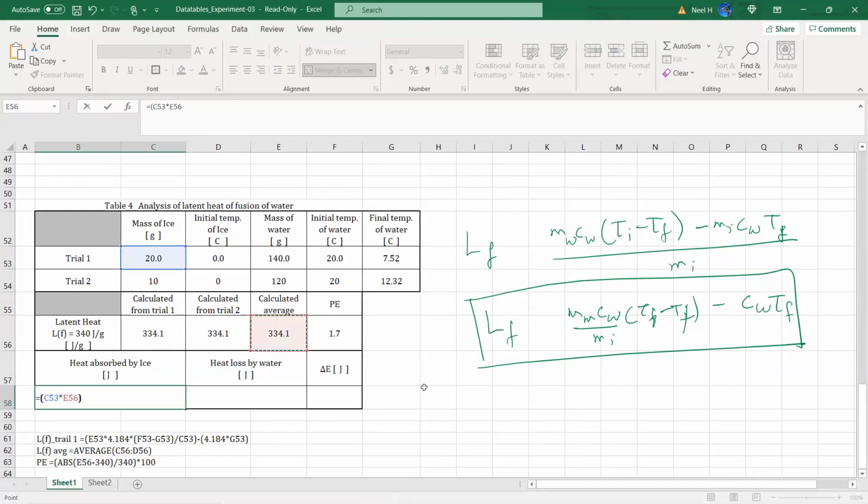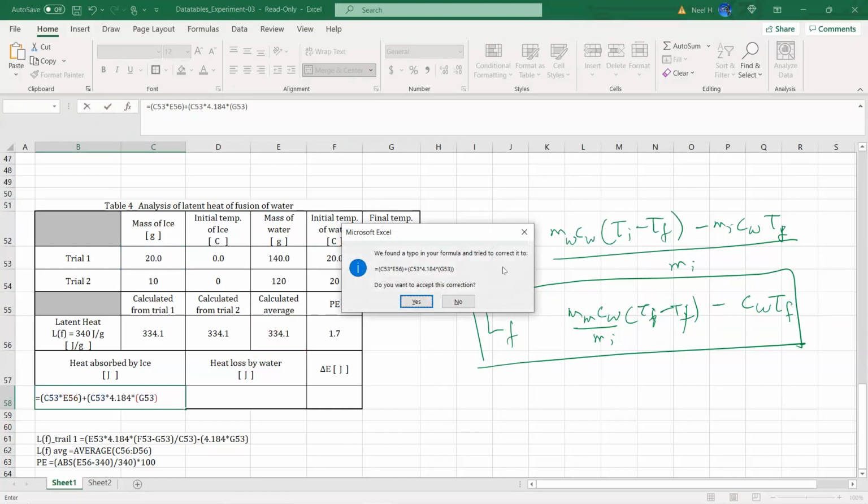And then parentheses close plus open parentheses. And then the mass of the ice, again I'm going to use the trial one, C53, multiply by the specific heat of the water, 4.184, multiply by close bracket, final minus the initial. Technically, I just need the T final there, right? So I'm working on case 1, that's going to be 7.52, close bracket.